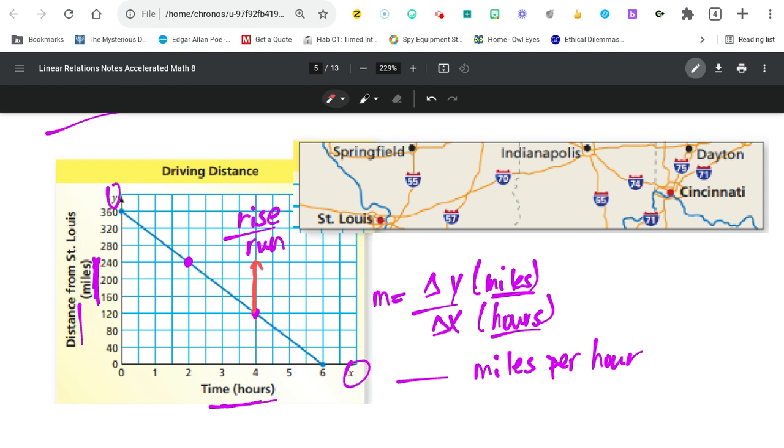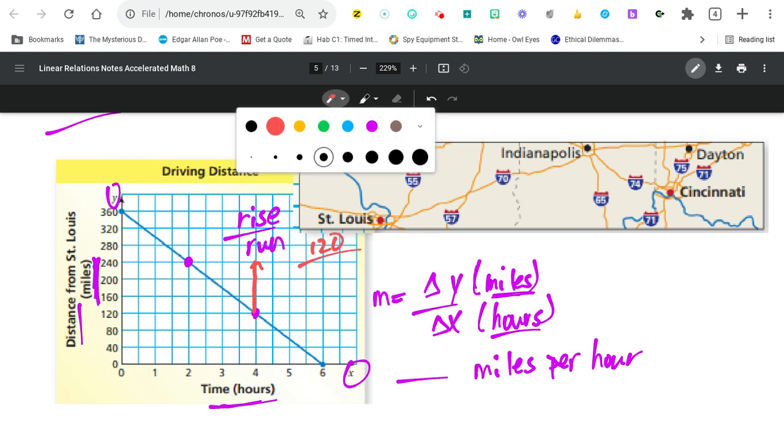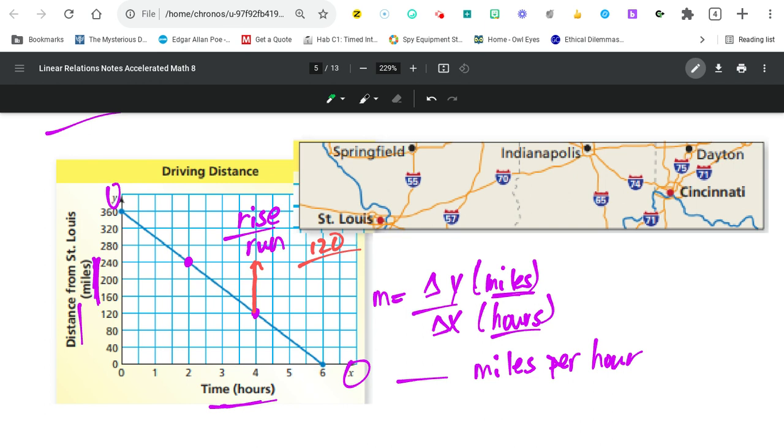So it has a rise of 120. And the run, of course, I'm running to the left, guys. That's 1. No, that's 0.5. 0.5, 1, 1.5, 2. But it's going left, so it's negative.